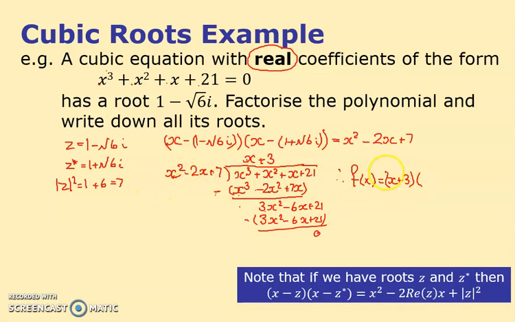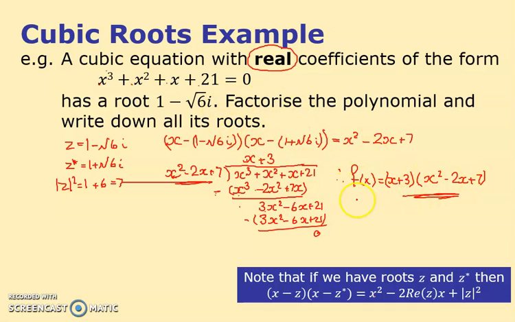I suppose technically I need to write this bit down here. So it's x squared minus 2x plus 7. I nearly wrote it in its complex root form, but you can't really write it like that. It's such a mess. So I'm going to say that's my factorized form.